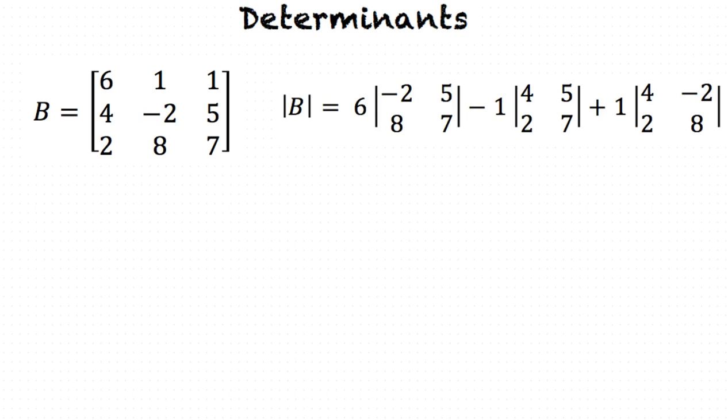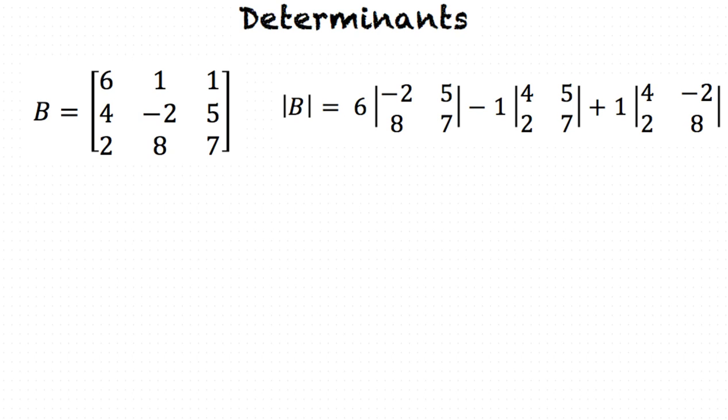The determinant of B is equal to 6 times the determinant of row 1, negative 2, 5, row 2, 8, 7, minus 1 times the determinant of row 1, 4, 5, row 2, 2, 7, plus 1 times the determinant of row 1, 4, negative 2, row 2, 2, 8.